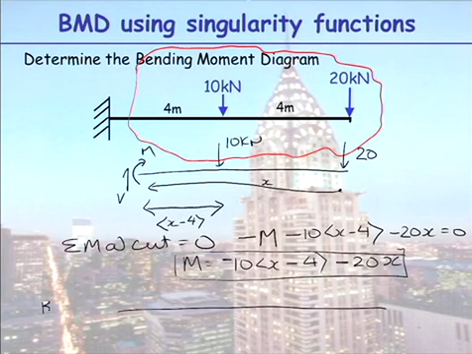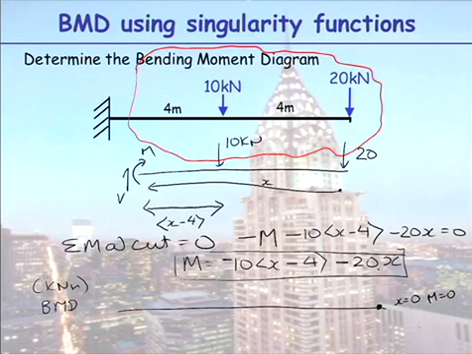What does my BMD, my bending moment diagram, look like? When x is 0, what's my moment equal to? 0. This number in here is negative. It disappears. So when x is 0, M is equal to 0. Can you see here this is a linear expression?